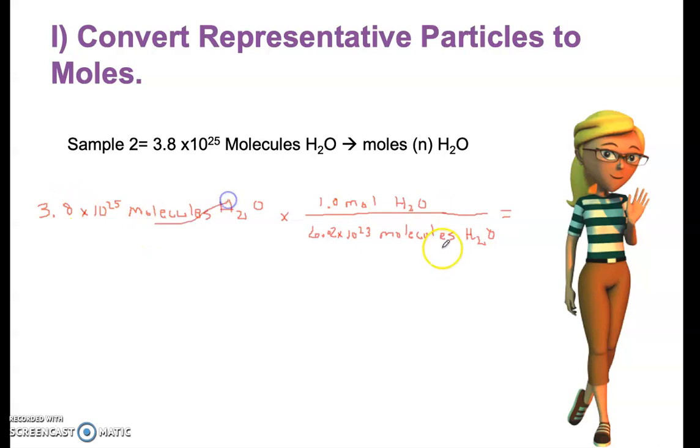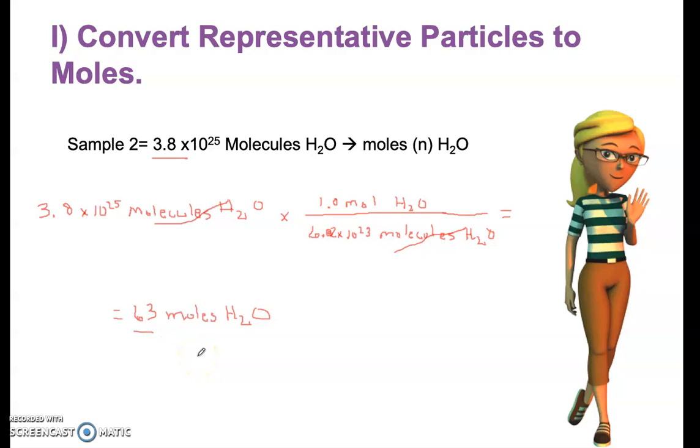Molecules of water cancels out. Now we have 3.8 times 10 to the 25th times 1 divided by Avogadro's number, 6.02. In this case we end up getting 63 moles of water. And our sig figs match: 2 sig figs, 2 sig figs.